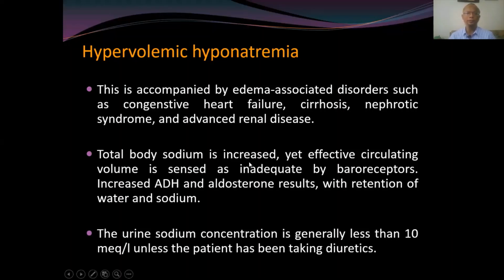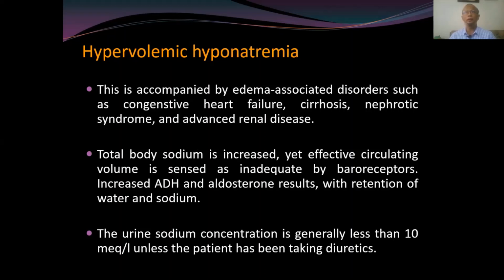Total body sodium is increased, yet effective circulating volume is sensed as inadequate by baroreceptors. Increased ADH and aldosterone result in retention of water and sodium. As already we have mentioned, say in case of cirrhosis of liver, there is a pooling of splanchnic circulation.